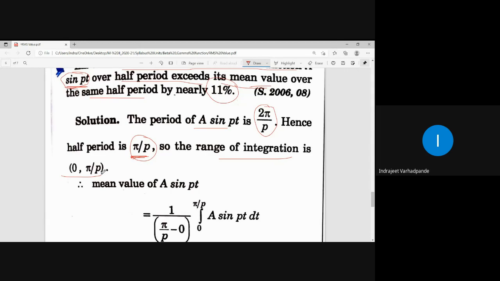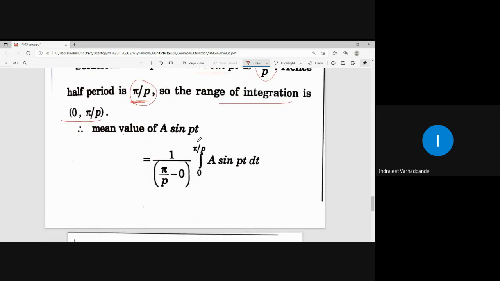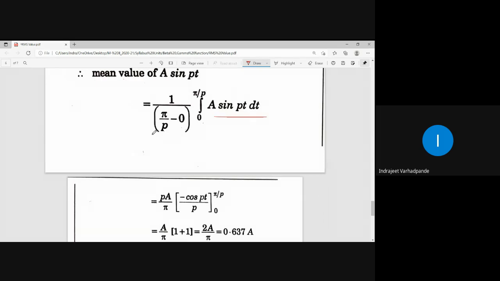What is the function? Function is a sin pt. So मैं पहले calculate कर लूंगा mean value. Formula for the mean value will be 1 upon b minus a. So pi by p minus 0, integral 0 to pi by p a sin pt dt. What is the integration of sine? Integration of sine is cos. This p will go to the numerator. A will be taken outside. So p a upon pi.